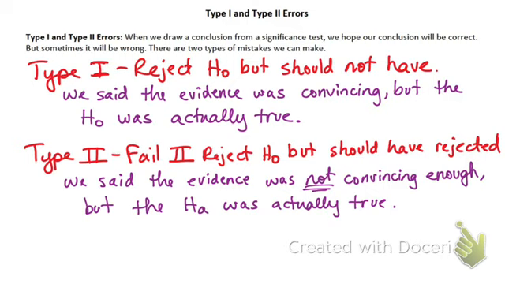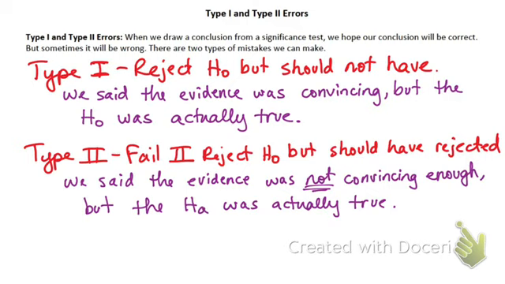But our decision, based on the evidence that we have, is that we're either going to reject the null hypothesis or we're going to fail to reject the null hypothesis. Is this giving y'all Punnett Square vibes? Yes. I'm sorry.